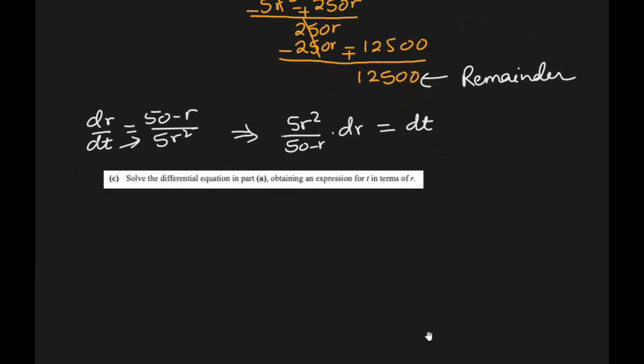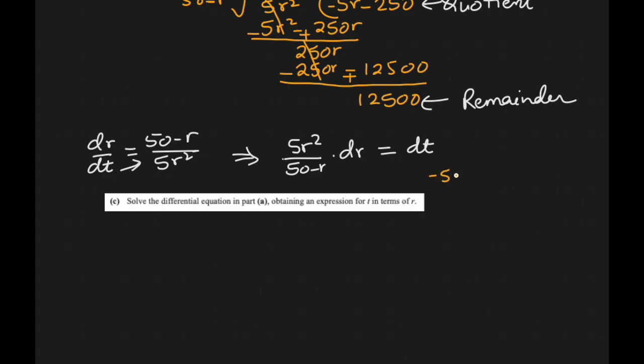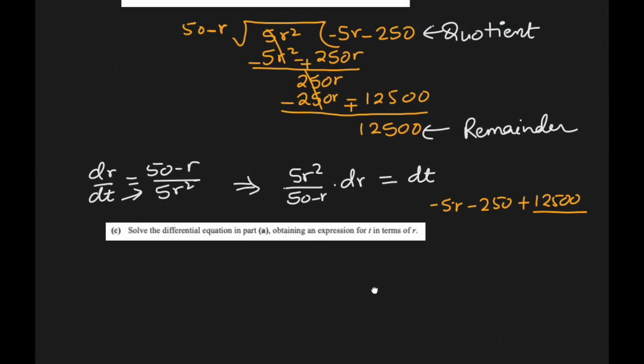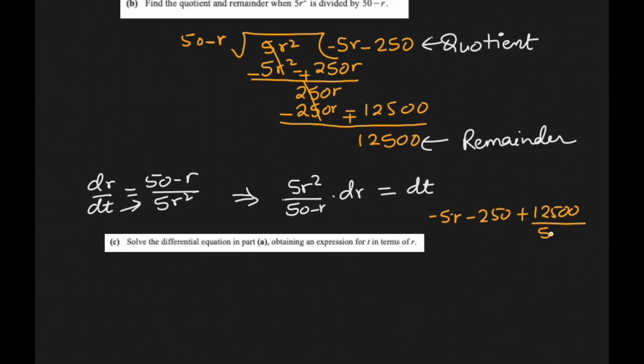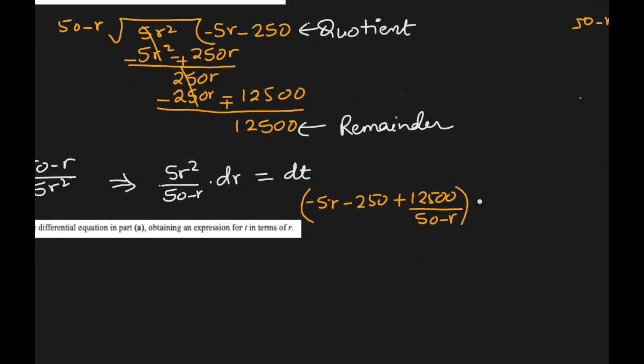So we can write this as, let me write here, it will become minus 5r minus 250 plus, it was plus, right, 12500 divided by, what was the divisor? 50 minus r. 50 minus r, this is our left side now. dr is equal to dt.